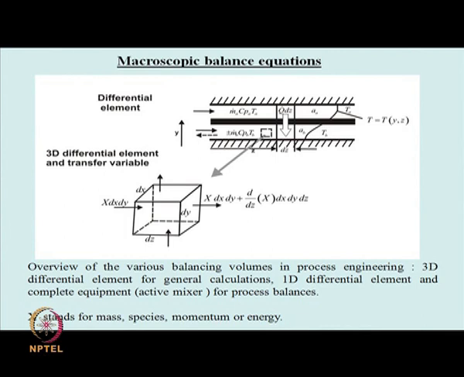Now, there are several ways by which you can generate a macroscopic balance equation. You can take a control volume and find out the ways by which something is being added to the control volume. It could be convection, it could be conduction, and the way it goes out of it, and there could be some amount of generation of energy, generation of a species in such a system. Or in other words, you can look at a differential channel element and make heat balances such that you have, let us say, one hot fluid which is flowing.